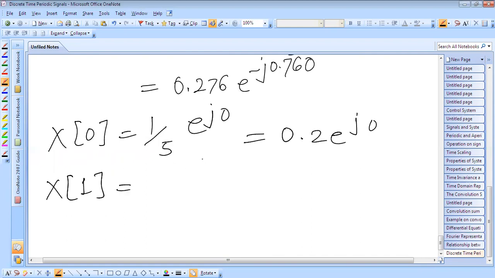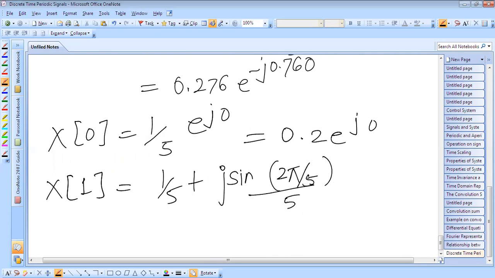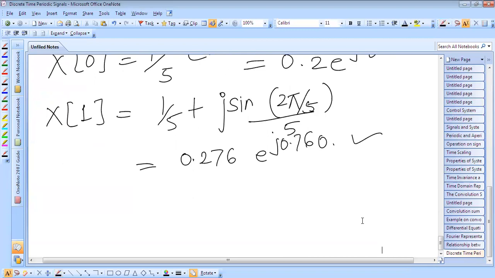When you put x of 1, what value we get? 1 by 5 plus j into sine of 2 pi by 5 by 5, and this value is coming 0.276 e raised to power j 0.760. Okay, and next is x of 2.